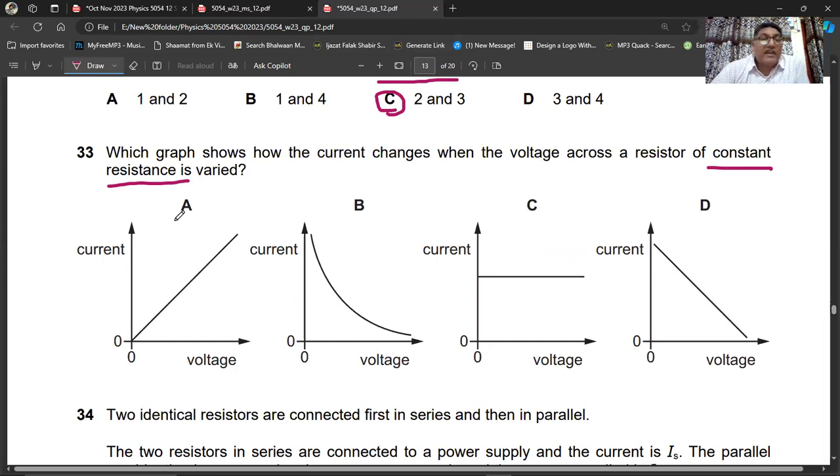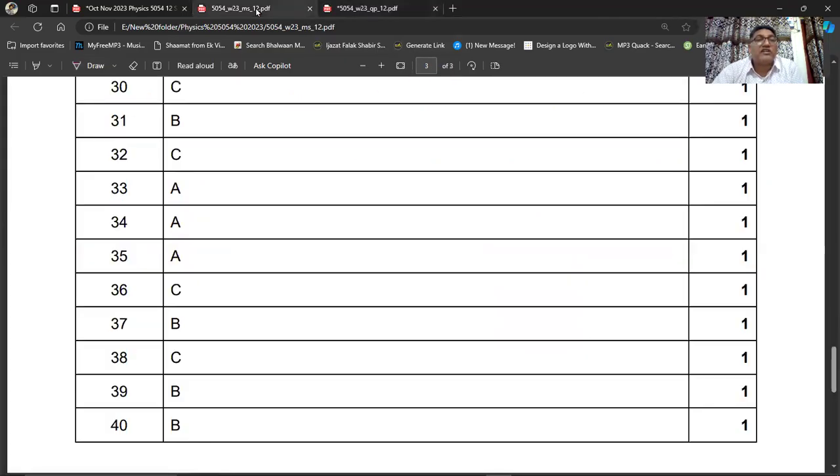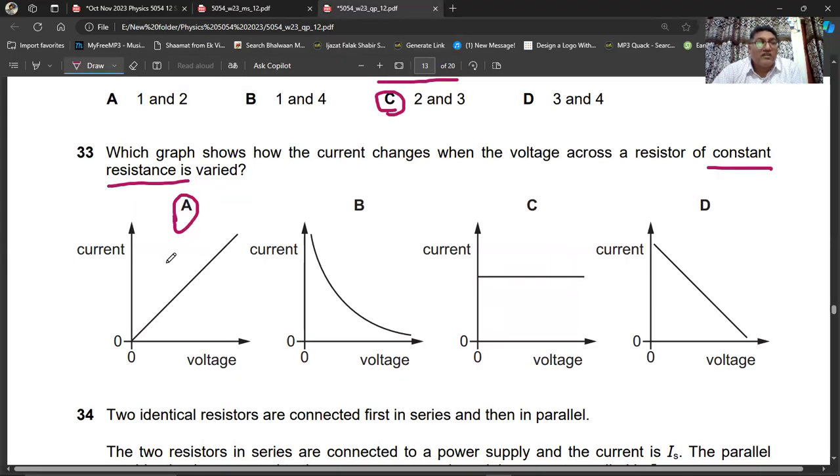So I think A must be the choice. Because for ohmic conductors, the current and the voltage are directly proportional to each other. For two quantities which are directly proportional, the graph must be a straight line passing through the origin. So question number 33, A is the choice.